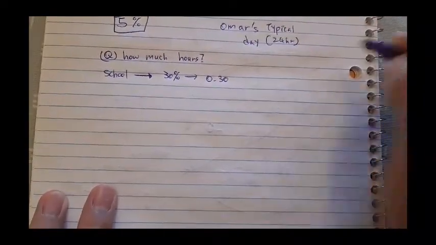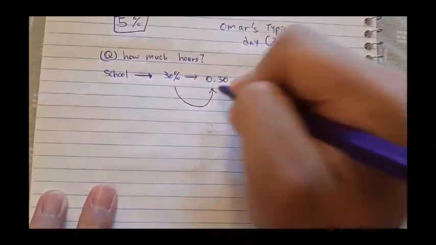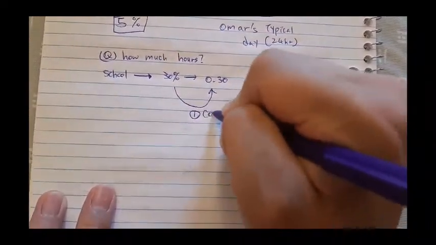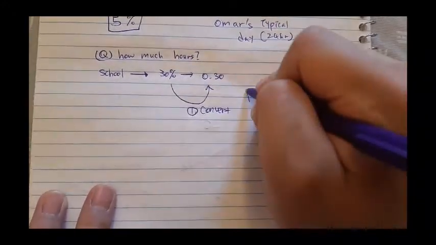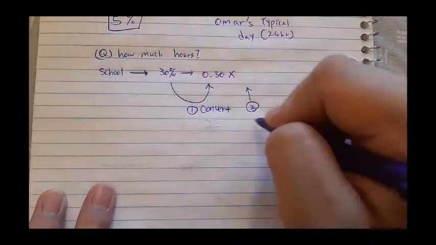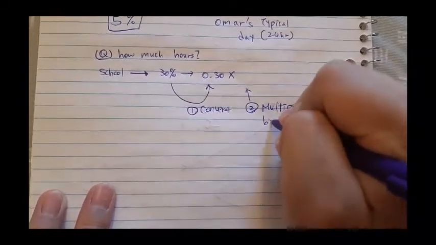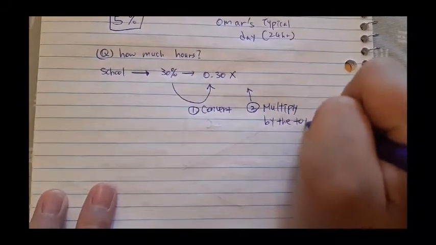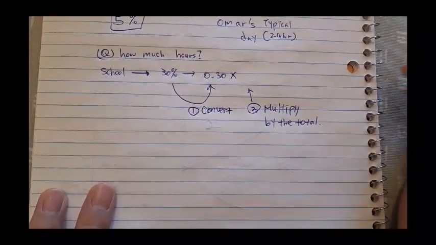I want you to understand that this is what we need to do in order to calculate. So number one, convert percentage into decimal. Number two, this is a step: multiply by the total, which is, the total is 24 hours.